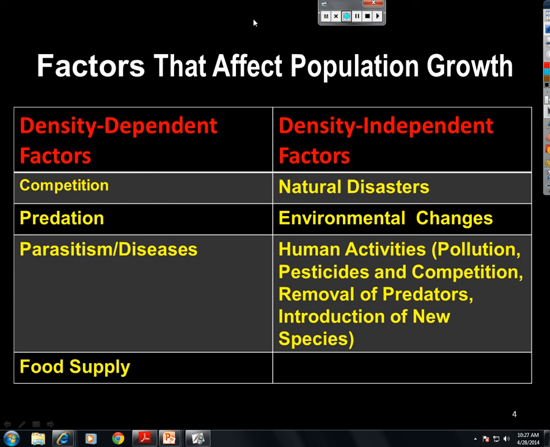Human activities, we had a huge problem back in the 70s with DDT. Fertilizing with DDT would make its way into our water streams. Fish would eat it. Birds, large predatory birds, would eat these fish. It would have an adverse effect on their population because DDT wouldn't allow these birds to produce a proper eggshell.